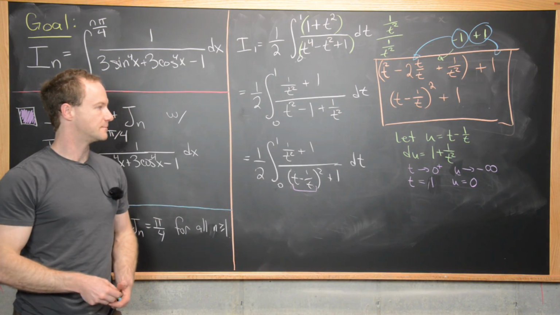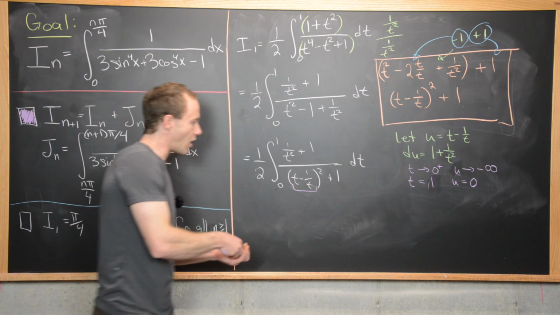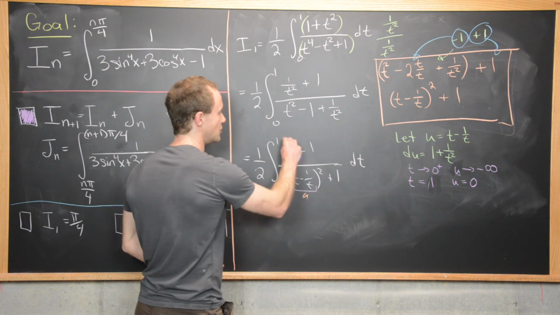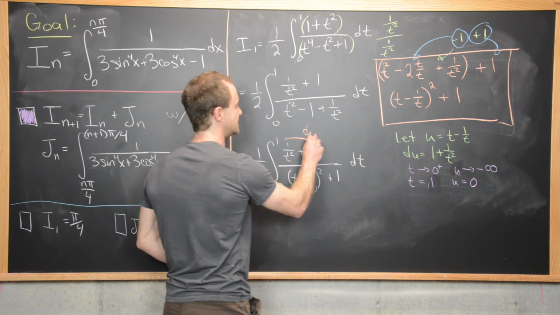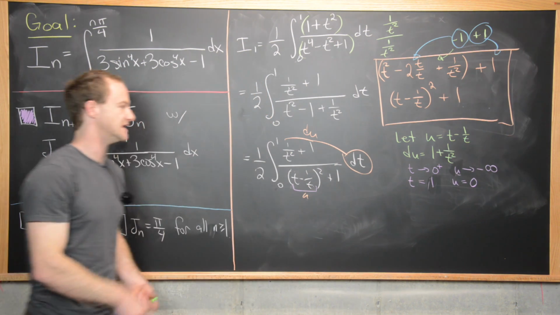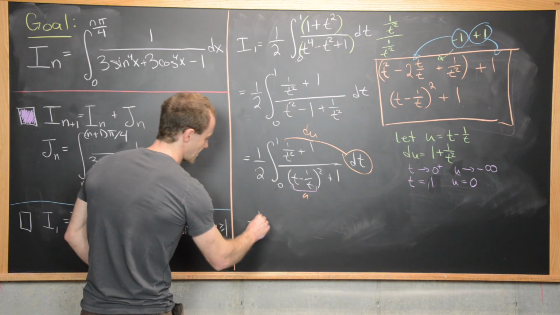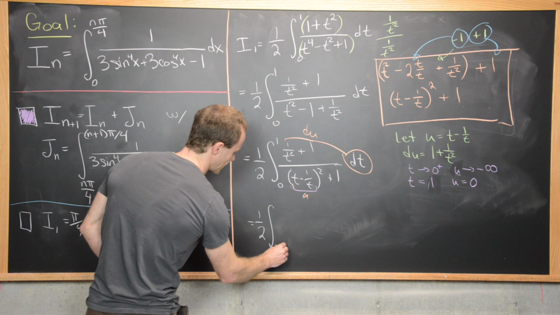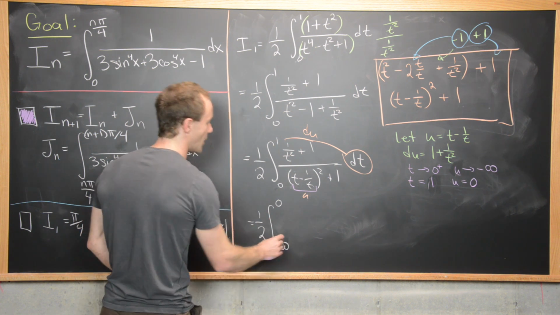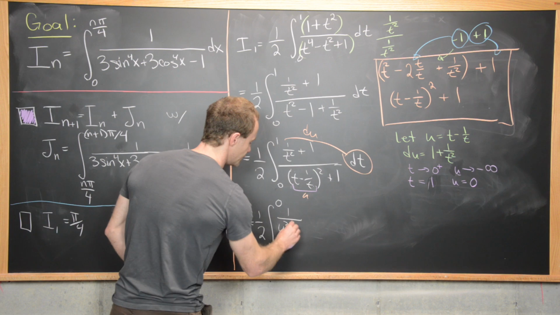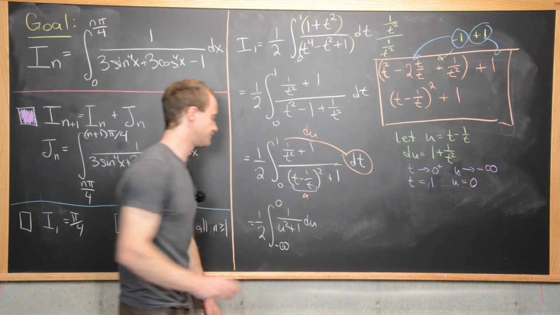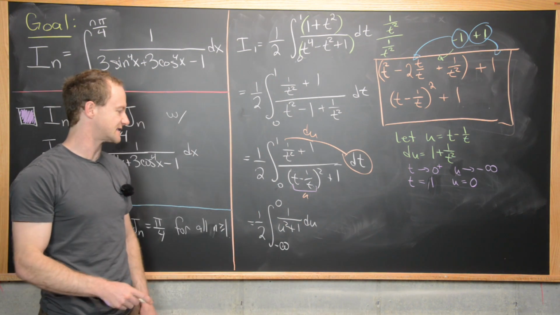Okay, great. So notice that all of this right here is u, and all of this up here is du when I combine it with my dt. So that's going to give me half, and now I have the integral from minus infinity to 0 of 1 over u squared plus 1 du. But this has a nice antiderivative.